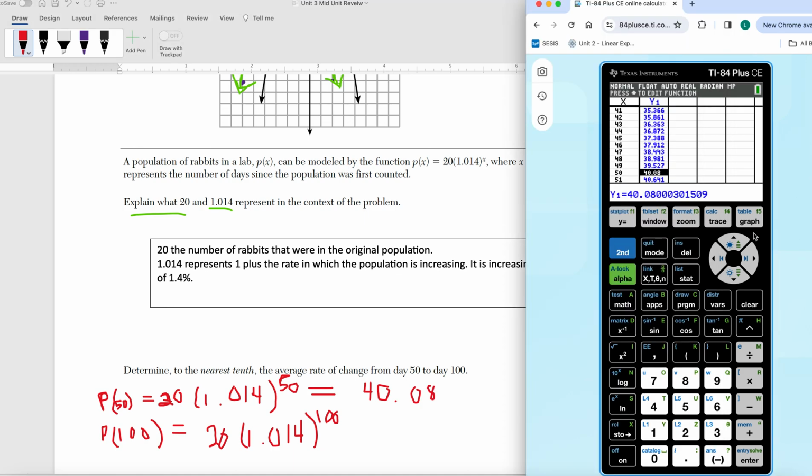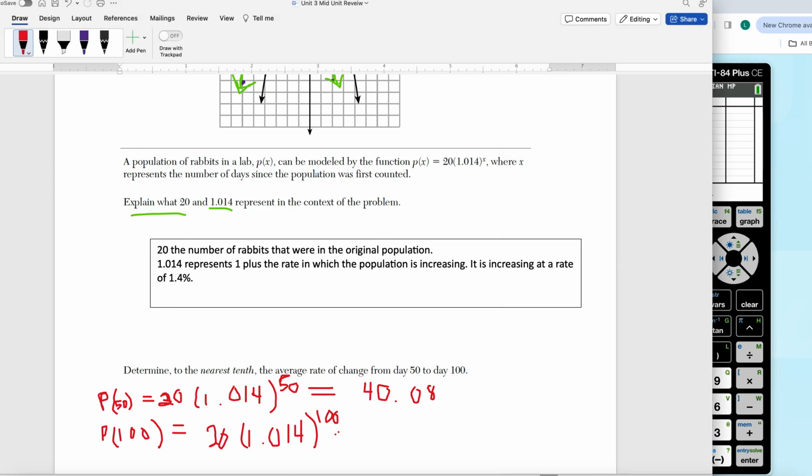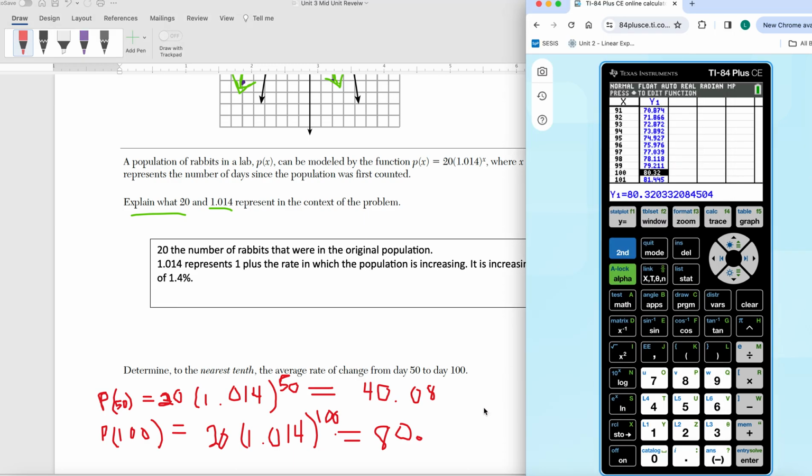Then we have x is 100, and that is 80.32.